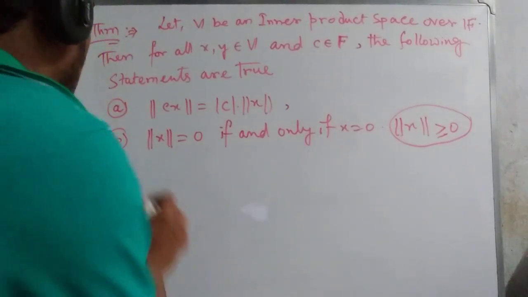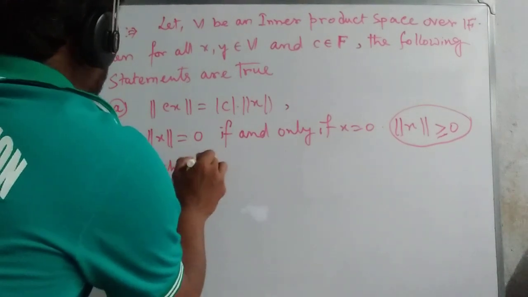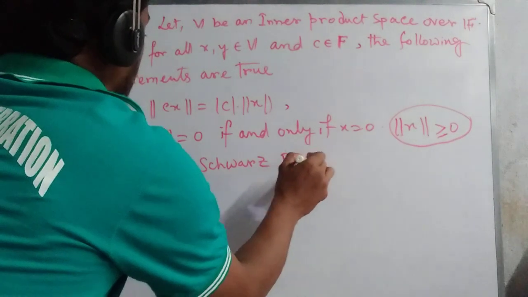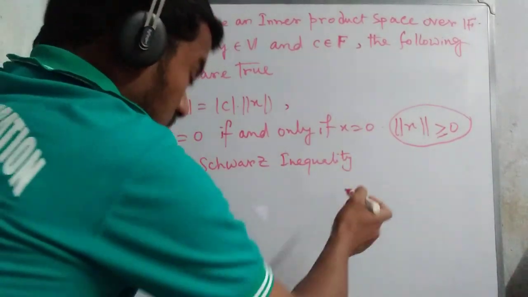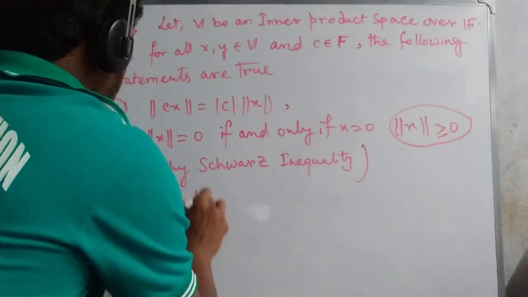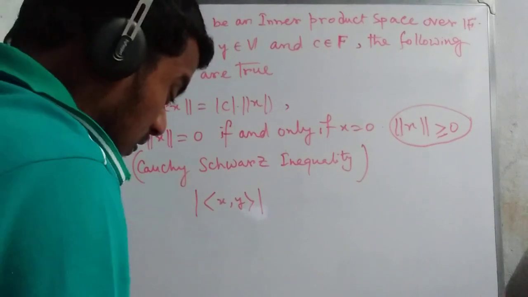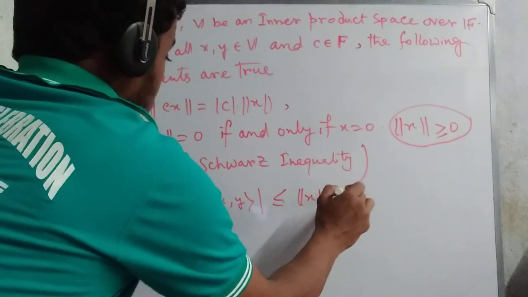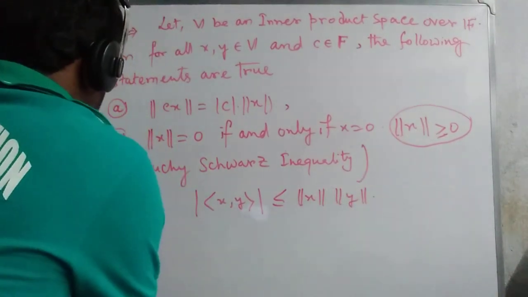And then the Cauchy-Schwarz inequality. This gives mod of the inner product of x, y is less than or equal to norm of x times norm of y.